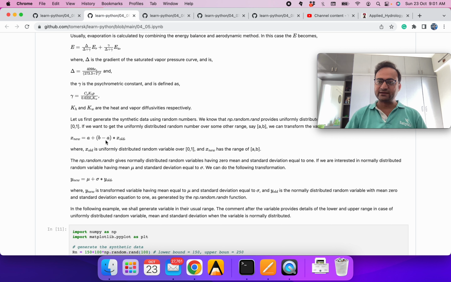In fact, any data with the range of 0 and 1 can be transformed to range of A and B by using this formula. You can transform from A and B to some C and D also, we will maybe discuss sometime. So we'll generate some random uniform distribution with the range of A and B. There are some libraries in Python where you can directly generate A and B, but it's good to learn how we can transform it.